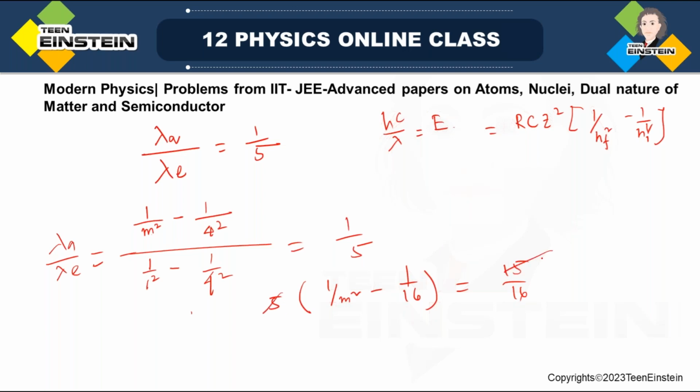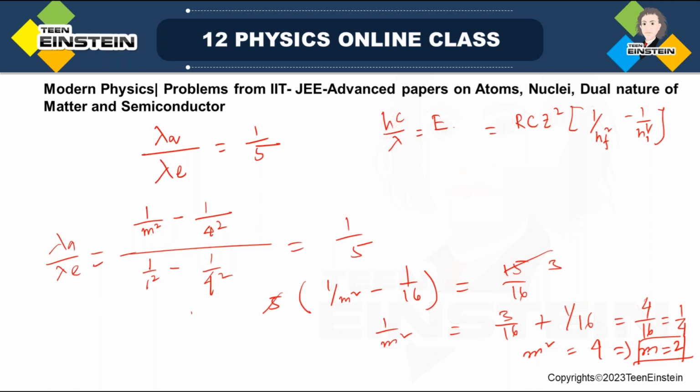So this goes as 3. So 3 by 16, and this side 1 over m square is 3 by 16 plus 1 over 16. This will be 4 over 16, which will give you 1 over 4. So m square is 4, which implies that m is equal to 2.